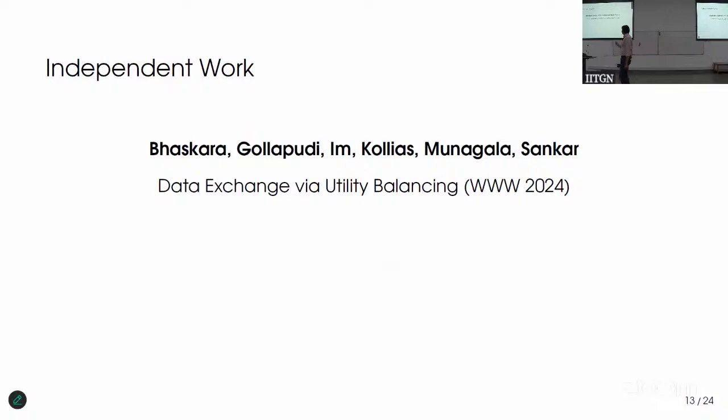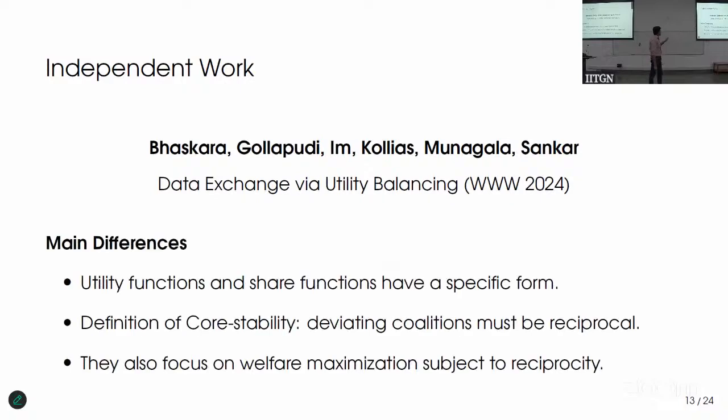There are some differences. The first is that they also focus on another problem in their paper, which is welfare maximization subject to reciprocity. We're looking at core stability with reciprocity, and they look at that too, and also welfare maximization subject to reciprocity.